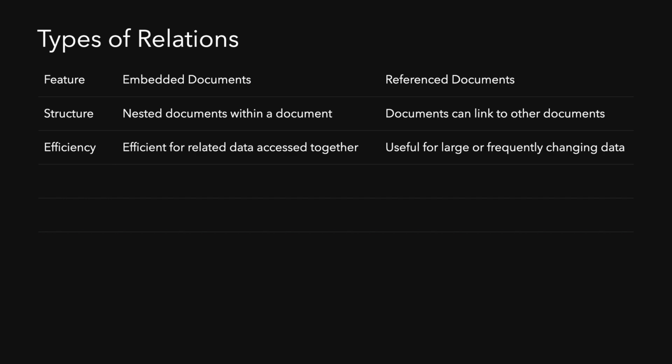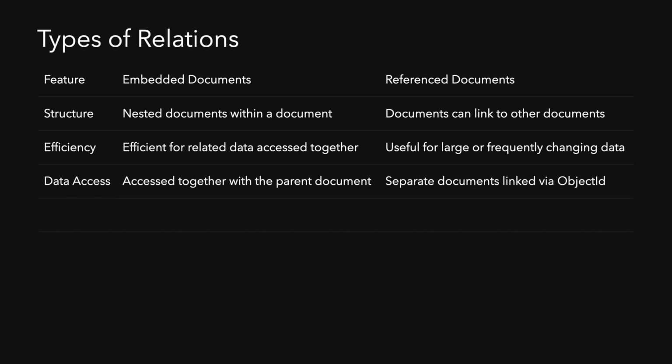Efficiency. Of course, embedded documents are very good for data access, when we need to get data together. And reference documents are very useful when we have large or frequently changing data, and we don't want them to be very close.